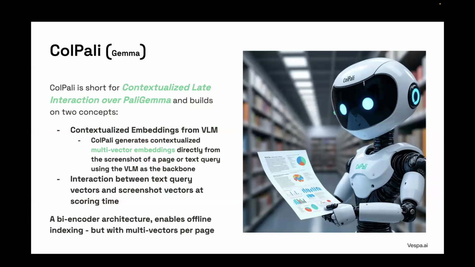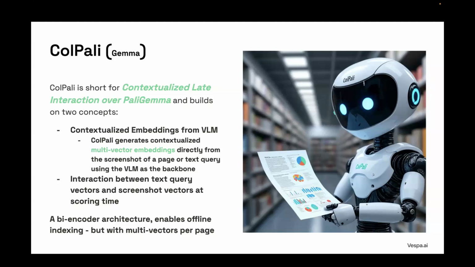So ColPali, that's an acronym for contextualized late interaction over PaliGemma. So PaliGemma, that's a VLM, a vision language model, in the same sense as Llama 3, Llama 3.3, or Gemini, or GPT-4o, right?